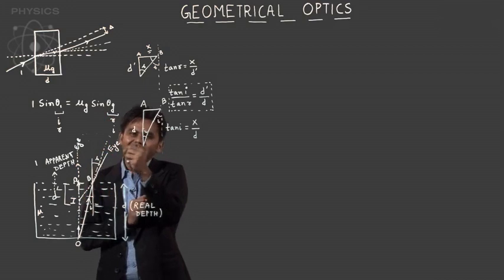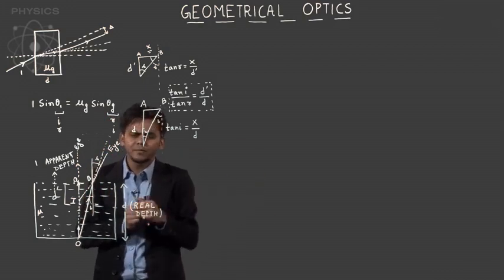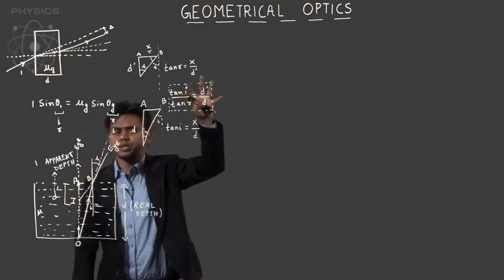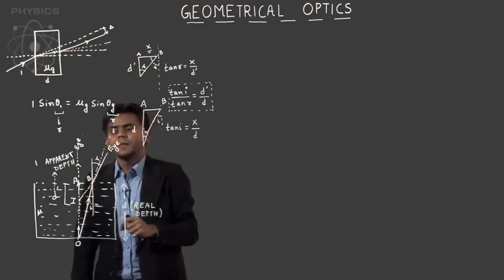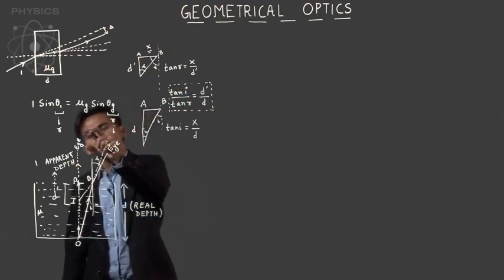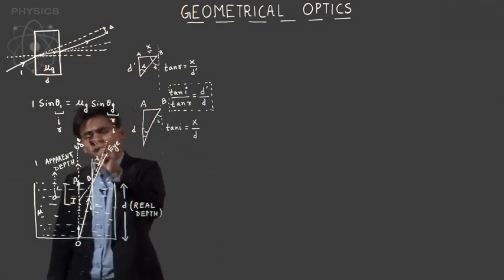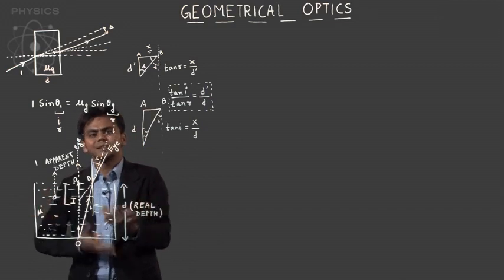For very small angles, I can approximate tan as sine. Just be careful over here. This is valid for all situations, but in the simple case, when my eye is almost vertically above, remember, almost exactly above. If it's exactly above, there's no shift in image, right? Real depth and apparent depth are the same.